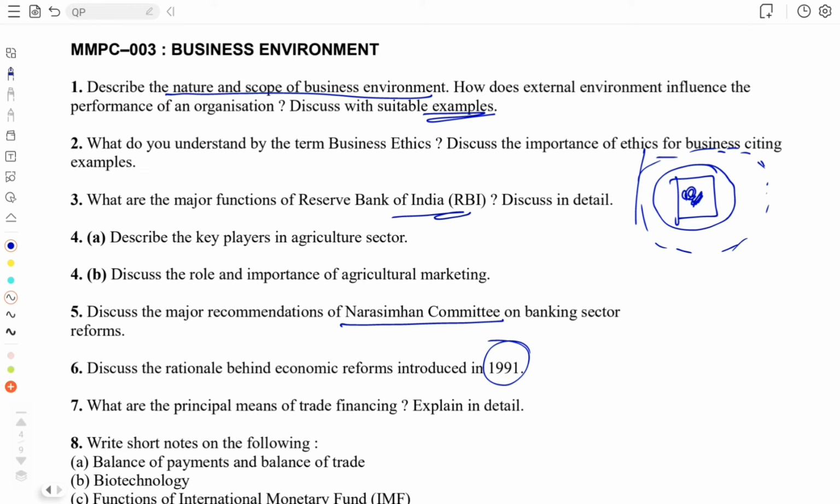Okay, so it is a good idea that you go and read and understand what each of these instruments of trade financing is, because at times we have found that they would ask to describe the different types of documentary credits, or what is the difference between a sight draft and a clean draft, like that. There have been instances where it has been asked, so it is a good idea. If you have not gone through it in detail, I would suggest please go through trade financing in detail.